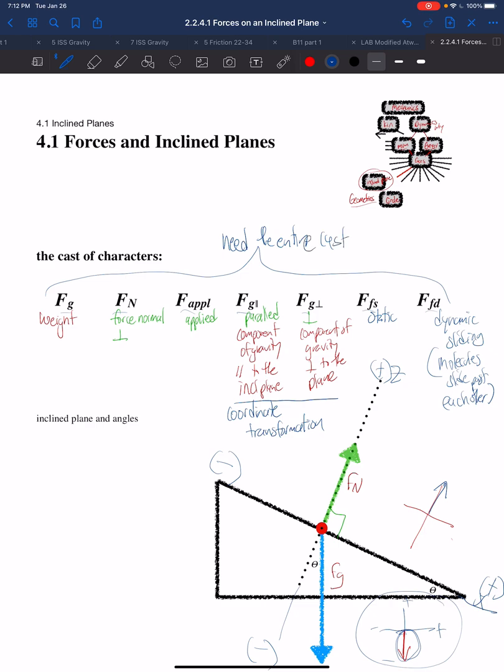Now there's another bit of information here that has to do with the angles. This angle down here, the angle of inclination, the angle of the incline theta is the same as this angle here.